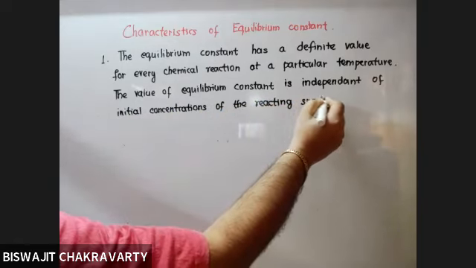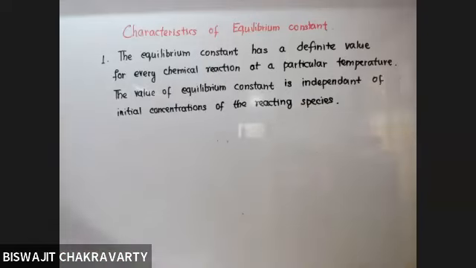That means it does not depend on the initial concentration of reactants. No matter whatever be the amount of reactant you are adding up, you will get the same equilibrium constant once equilibrium is reached, irrespective of the initial concentration of the reactants.